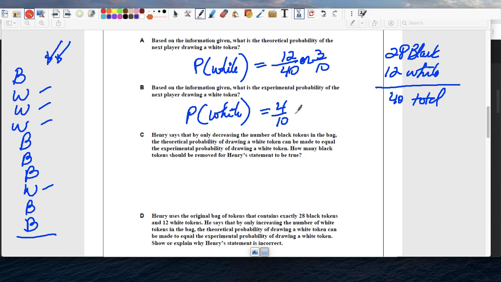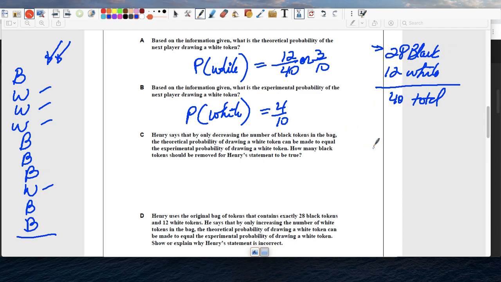Henry says that by taking some of the black tokens out, he can make the theoretical probability of 3 over 10 be the same as the experimental probability, which was 4 over 10. So let's see how many of these tokens we have to take out.